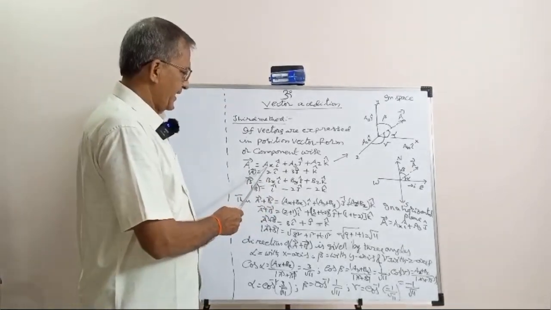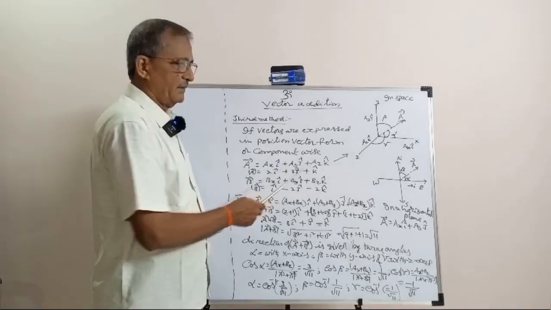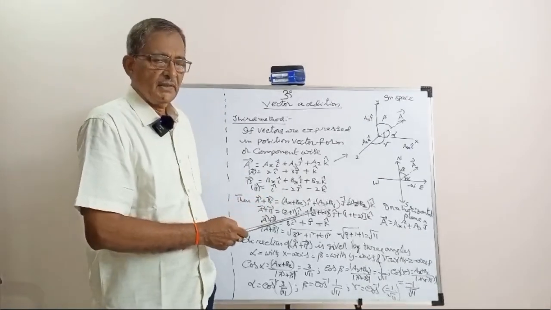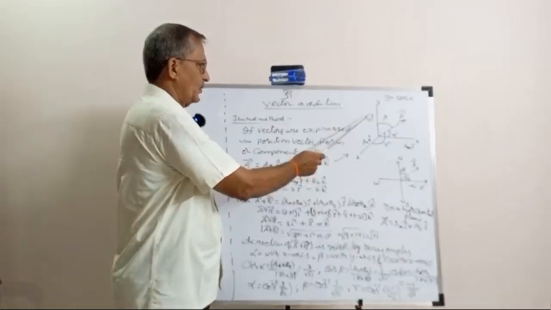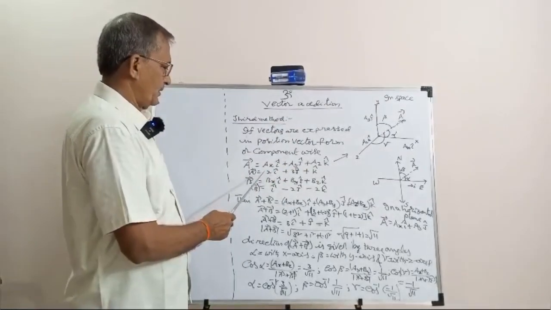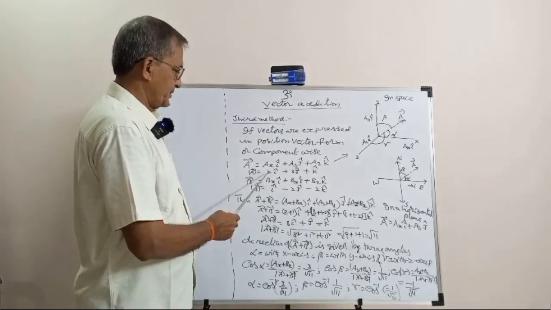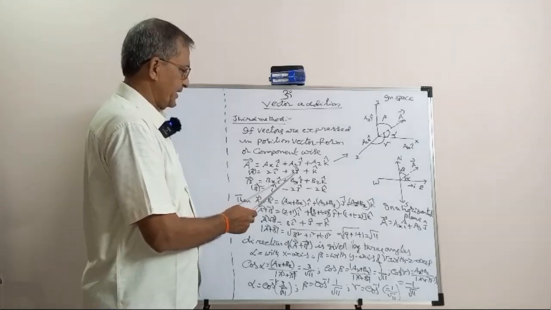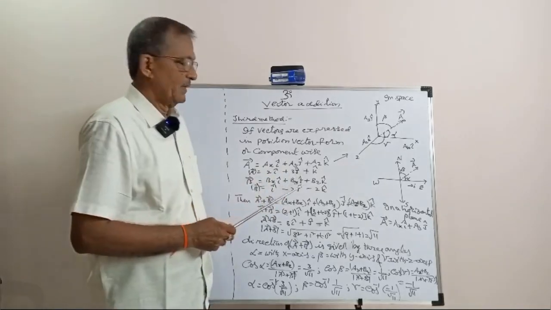Now, Ax, Ay and Az are the components along the x-axis, y-axis and z-axis. For example, let it be 2i plus 3j plus k.